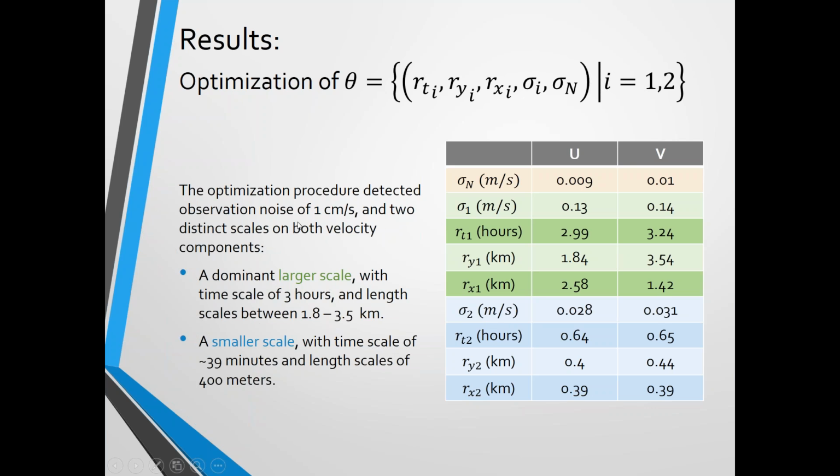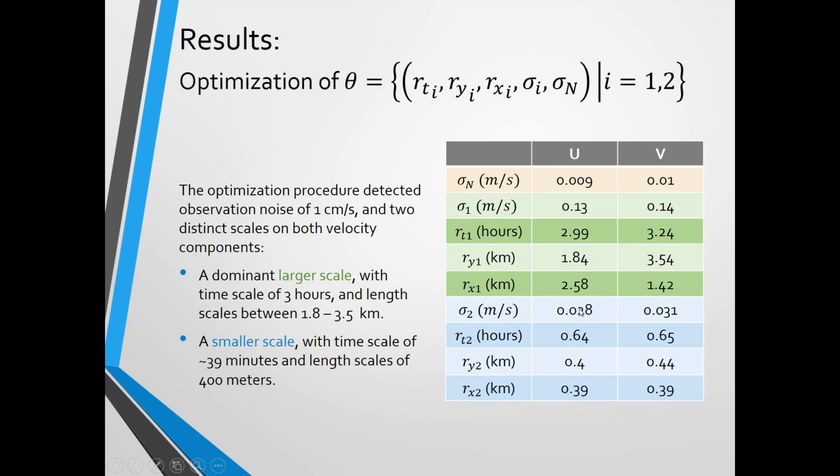The optimization detected an observation noise of about 1 centimeter per second in both velocity components, and it was able to identify two distinct scales on the observations: a dominant large scale with time correlations around 3 hours, and meridional correlations from 1.8 kilometers in the U component to 3.5 in the V component, and correlations in the X direction of about 2.5 kilometers to 1.4 kilometers.